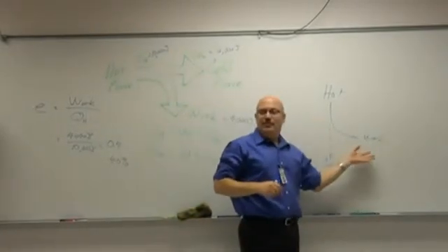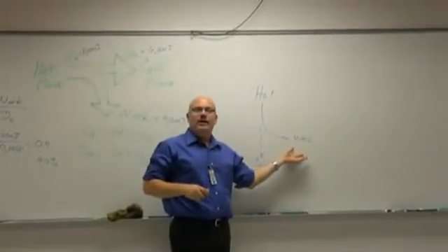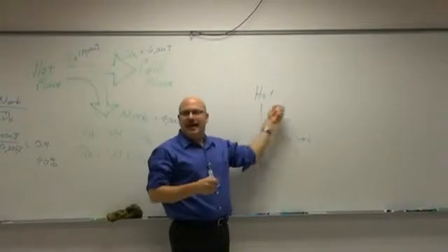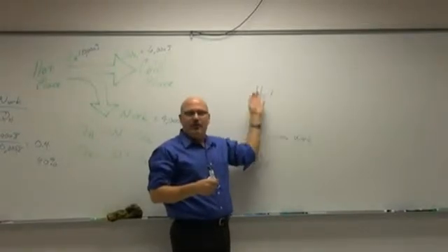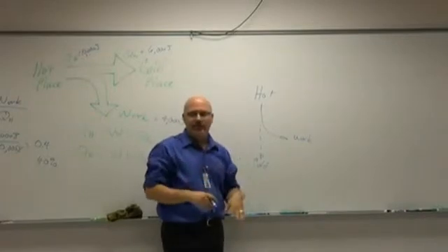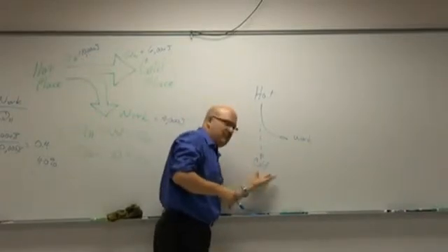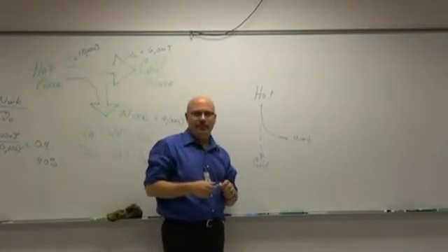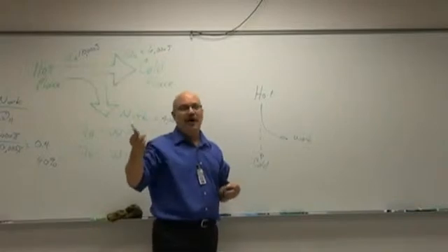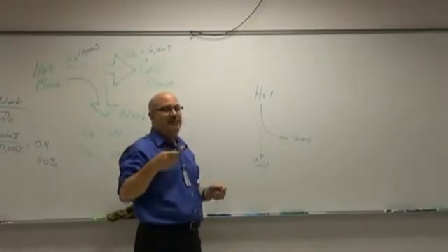Now, this is impossible. The reason why it's impossible is, think about it for a second. If we have a gas up here that we heat up, and then we make it do work for us, and we take all the energy out of the gas, then what will the temperature of the gas be at the end? Well, yeah, there's our problem, it's got to be cold.